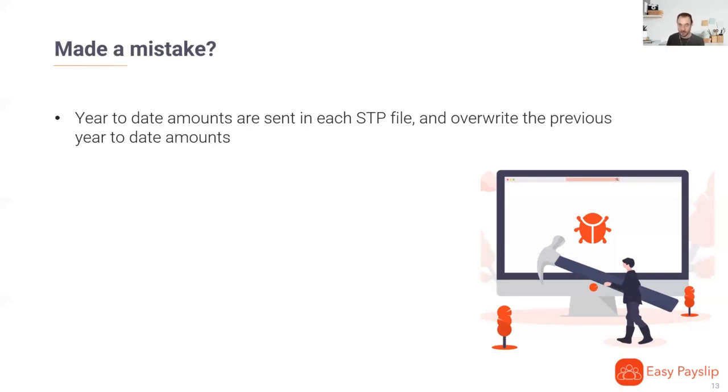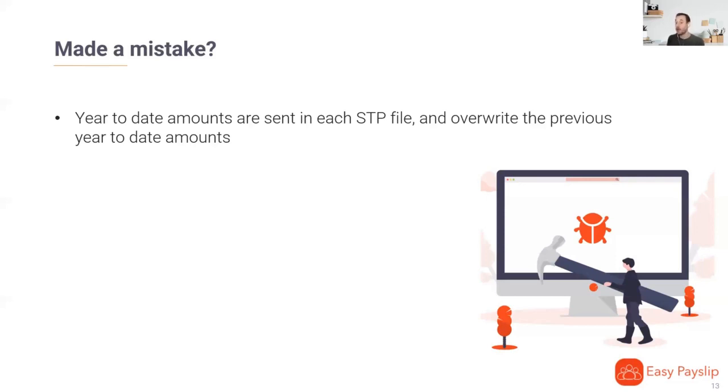You can then recreate it with the right values. That will then create an STP file, and then you can send that new STP file, and that will overwrite the values with the ATO for each employee with the new correct year-to-date values.